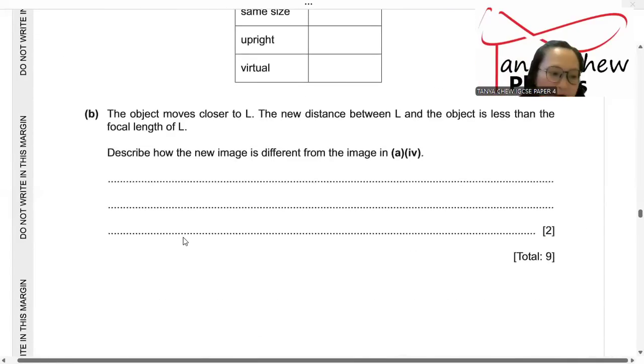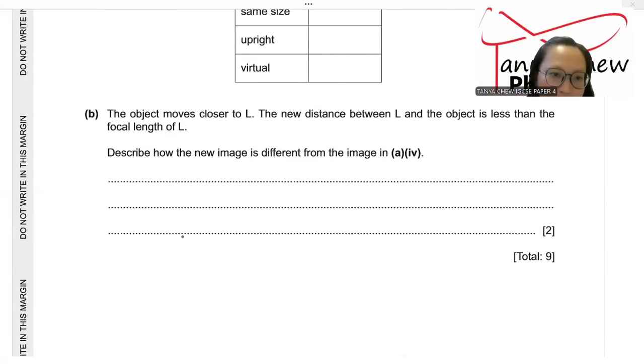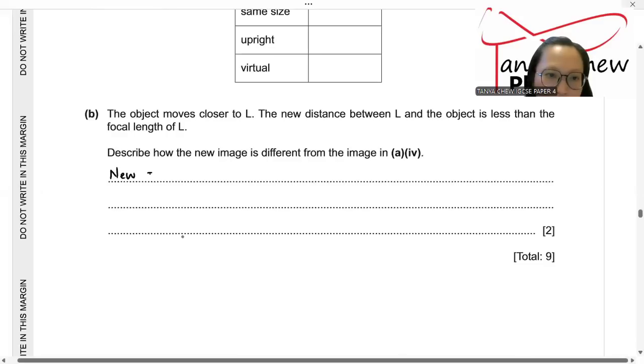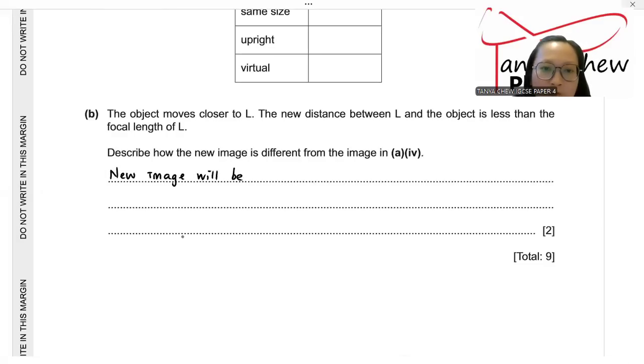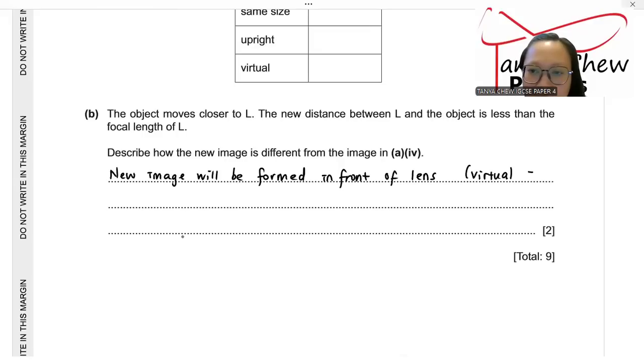The new image is different because the new image will be formed in front of lens. We call this as virtual image.